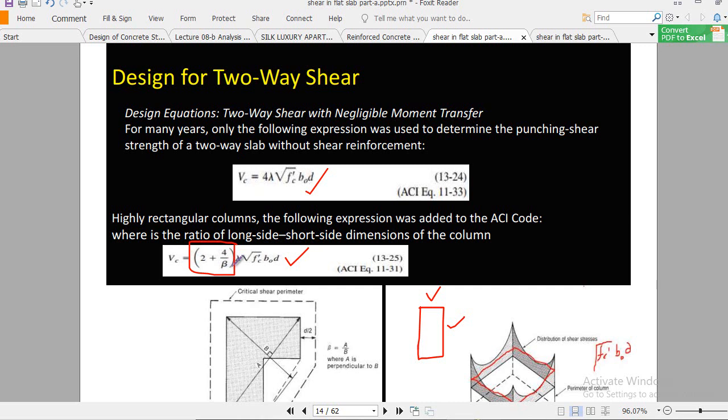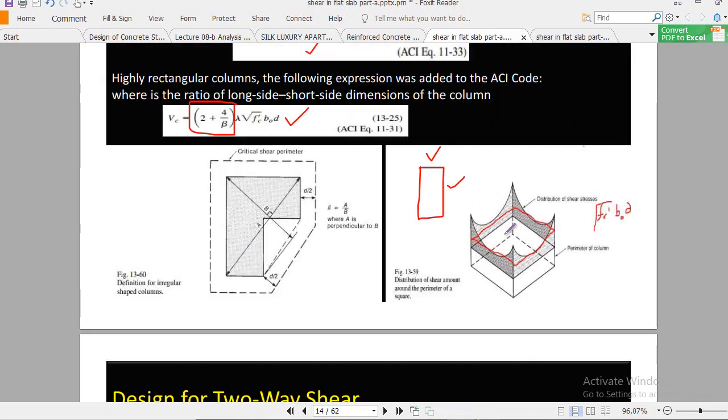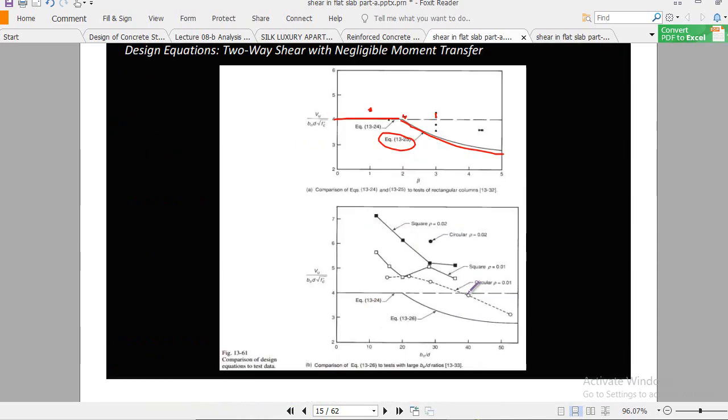And remember, this is very important: in the case of a highly rectangular column, there will be enormous shear at the corners and a lesser amount of shear at the middle portion. That's why we always consider an average value, that is, fc prime, beta naught, d.